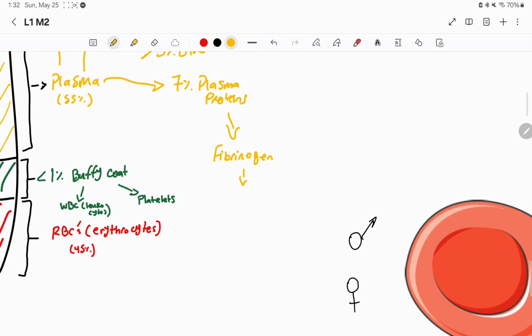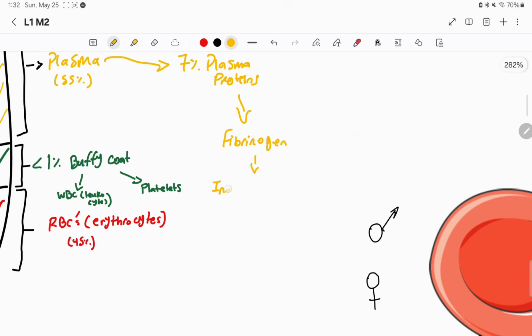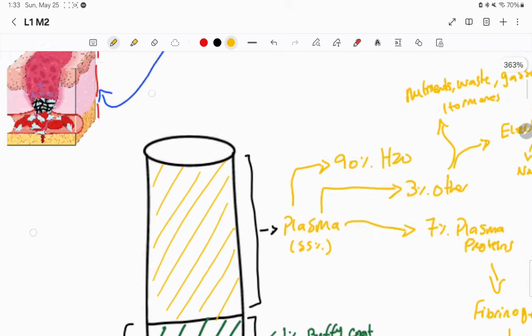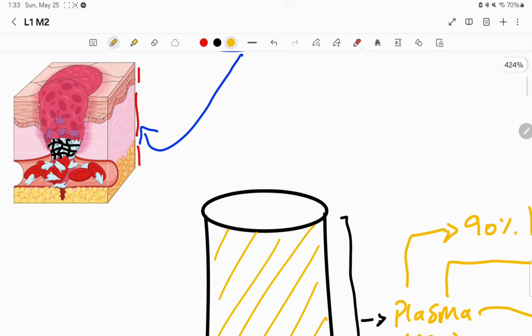And fibrinogen is actually the inactive precursor for a blood clot's fibrin meshwork. Okay? All right, so remember how I told you that when a blood clot is formed, in order to keep it stable and keep it there, this fibrin, this stringy material, has to come sit on it?